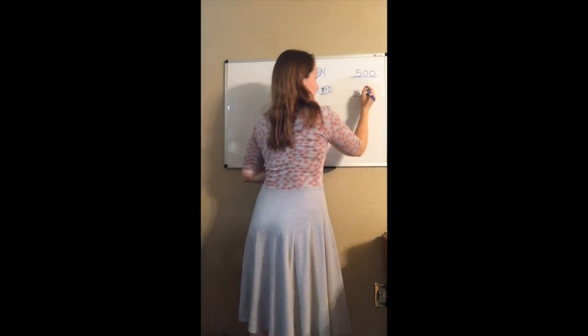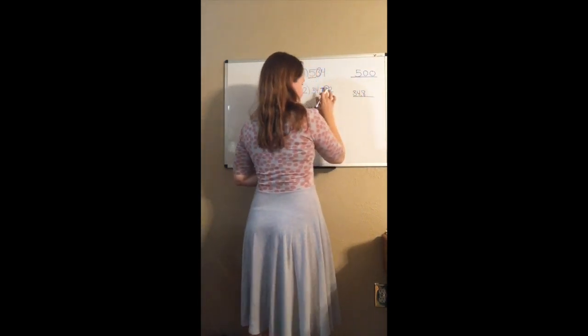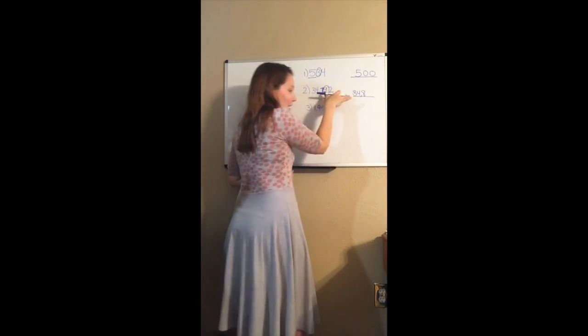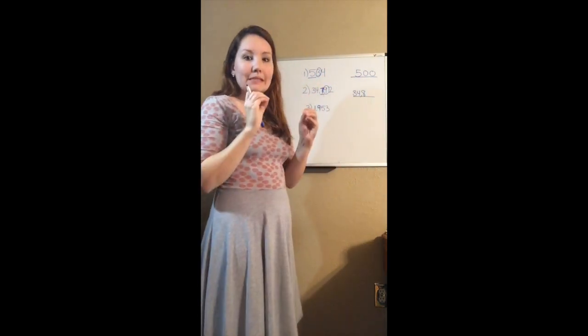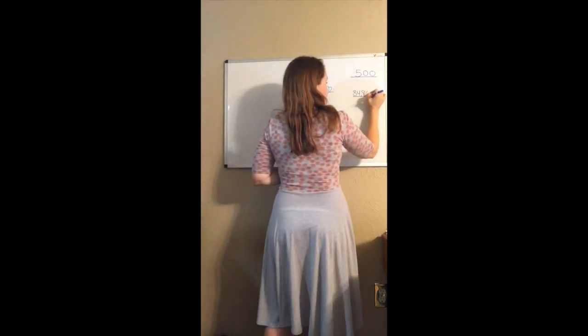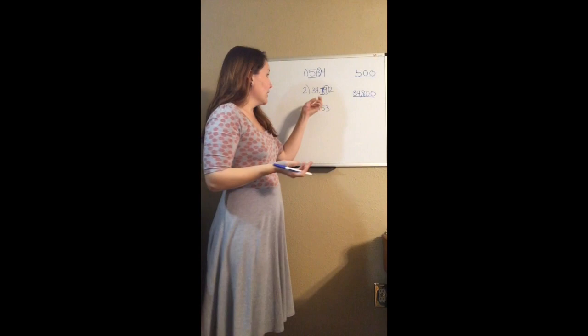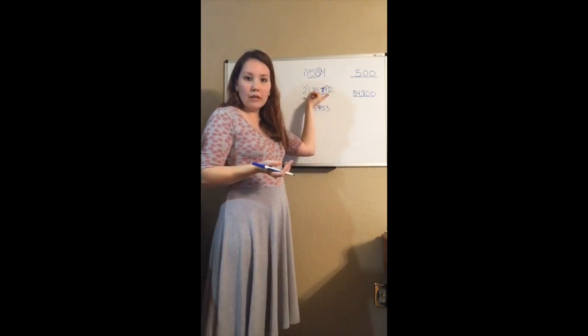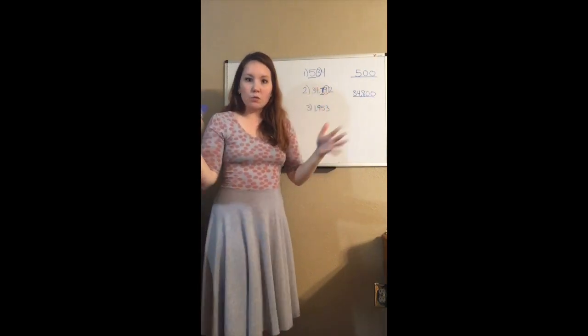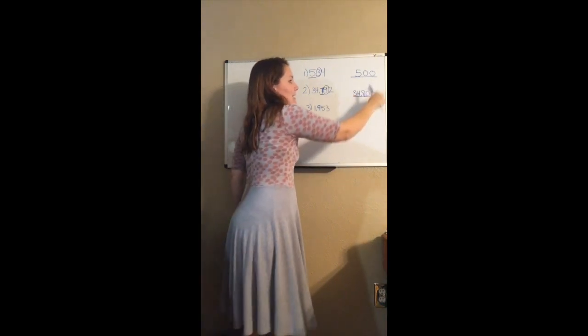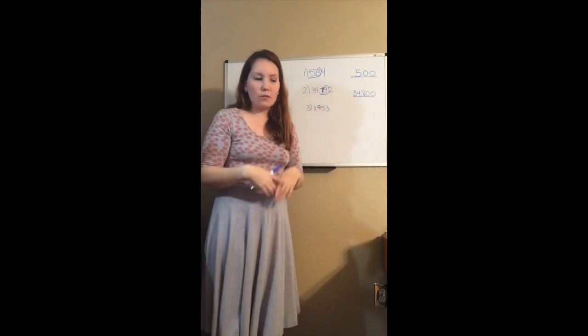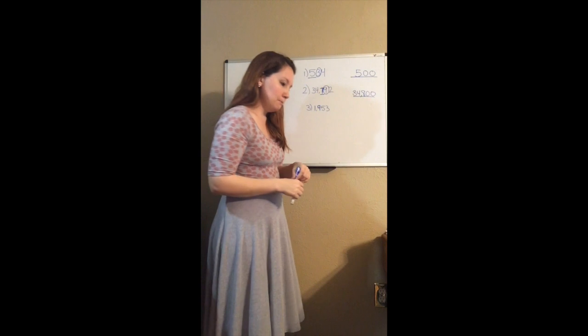So 7, 8. And then the circled number and anything after the circled number becomes 0, 0. Again, that makes sense, right? That 792 is very close to 800. So we're just rounding it up because this is easier to work with. It's easier to wrap our brains around. It makes things easier for us.